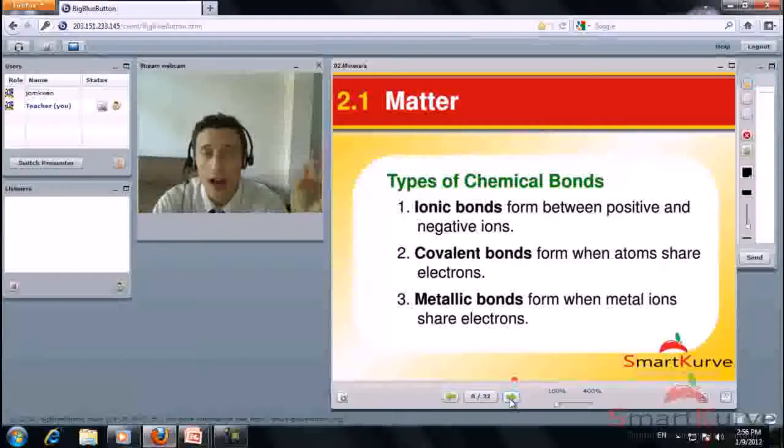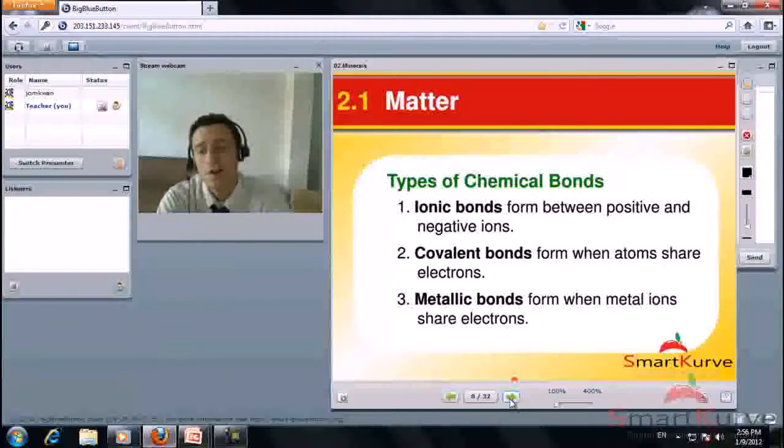So the sodium will have more protons, so it will have a positive charge. The chlorine will gain an electron, so it will have more electrons, so it will have a negative charge. Now, the positive sodium is attracted to the negative chlorine. So sodium and chlorine form an ionic bond, sodium chloride, which we know as table salt.